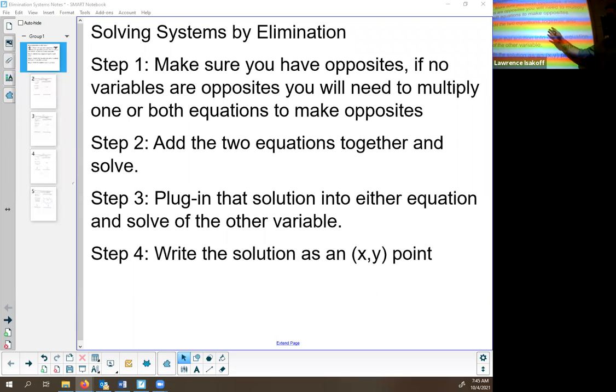Once we have the opposites, all we're going to do is add them together to get the variables that are opposites to cancel. And then we'll solve for the remaining variable. Step 3, we're going back to what we were doing with substitution. We're going to take that answer we got, plug it in, and solve for the other variable. And then step 4, write it as an XY term.